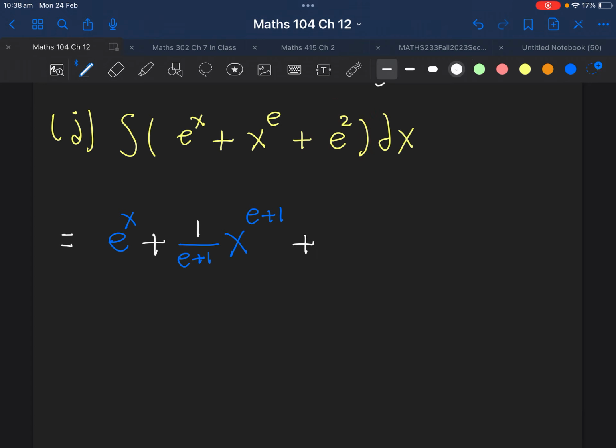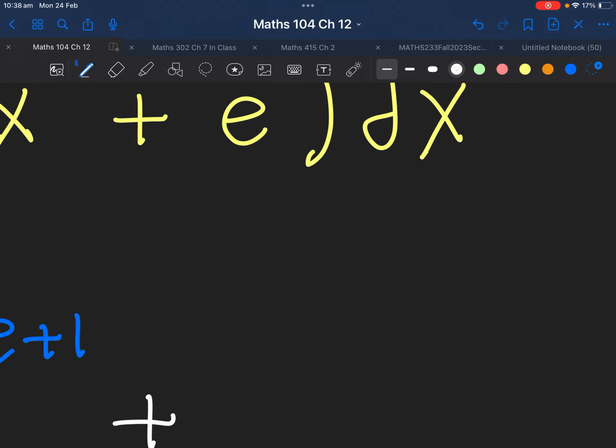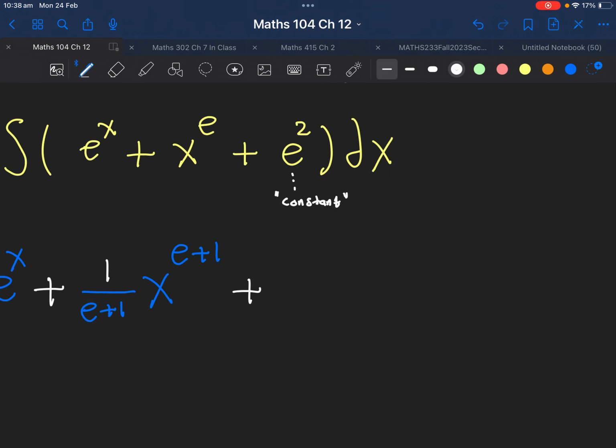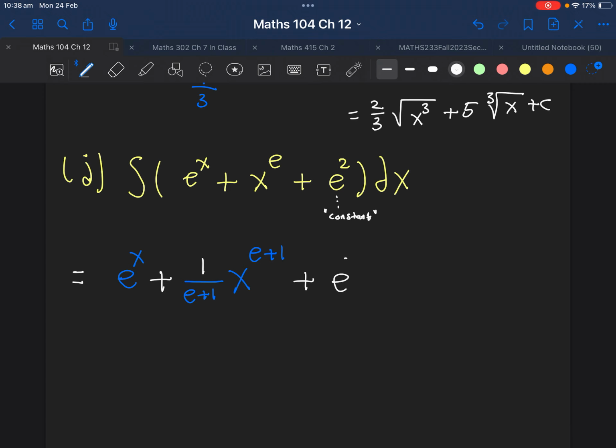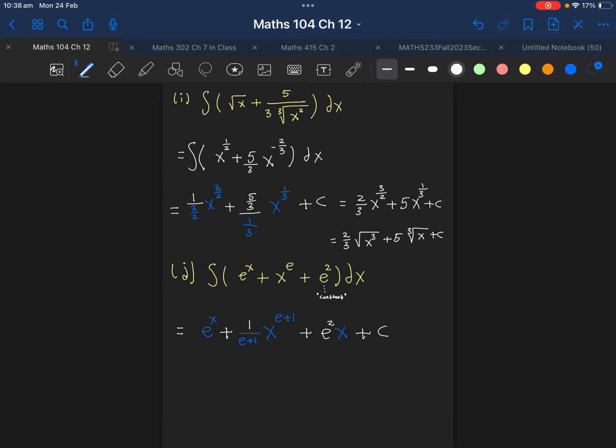Remember, e squared is a constant. Let me just emphasize, it has no x, so we deal with it as a constant. What do we do with a constant? Keep the constant as is, and then we just add x to it, plus c. And that's it. That's how we find part G.